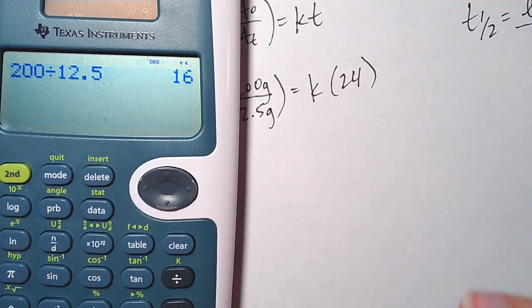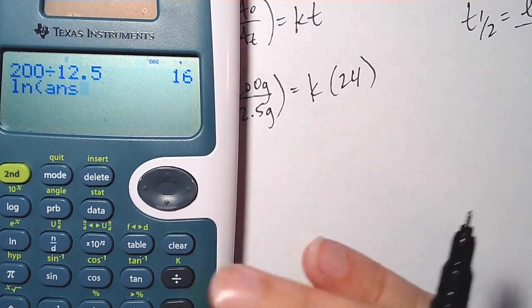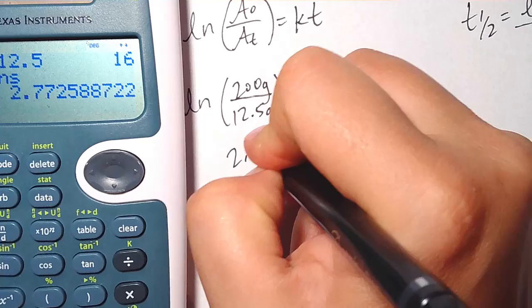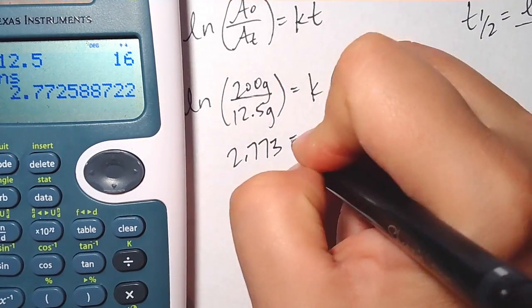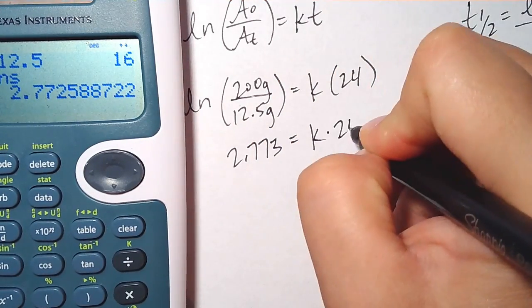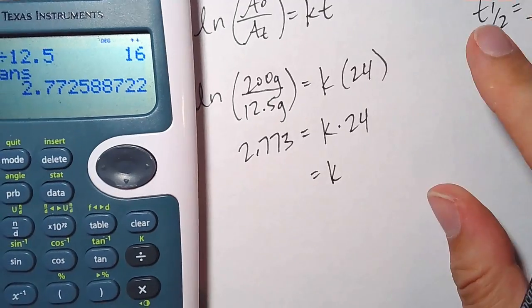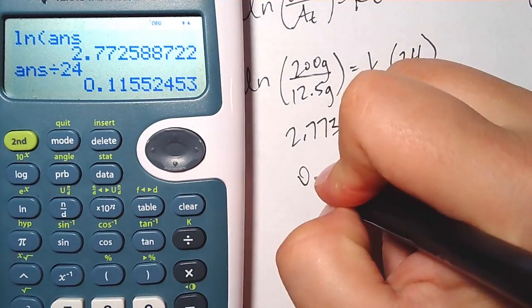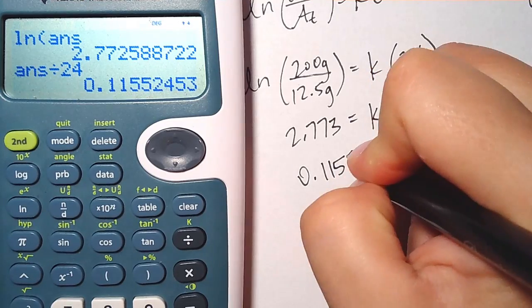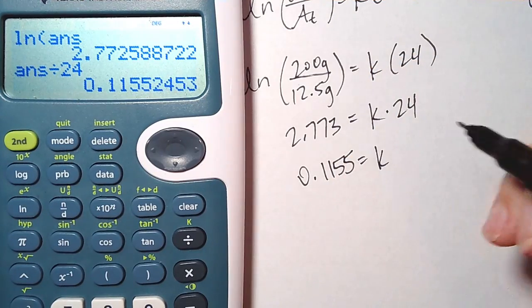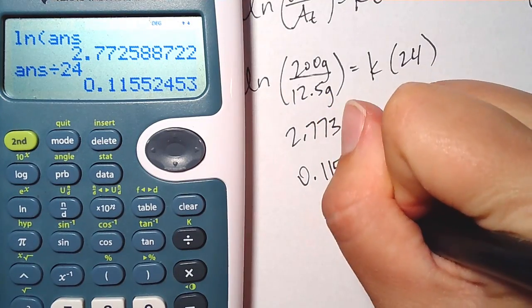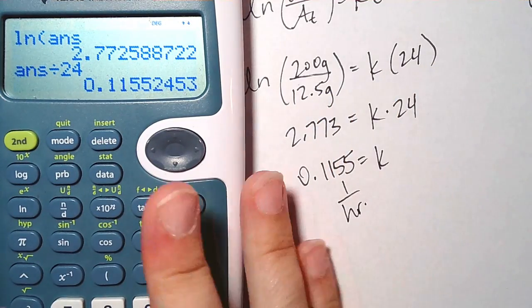So 2.773 equals K times 24. So we're going to divide by 24. 0.1155. This would be our K value in terms of hours. So 1 over hours. And we can plug that in over here to find our half-life.